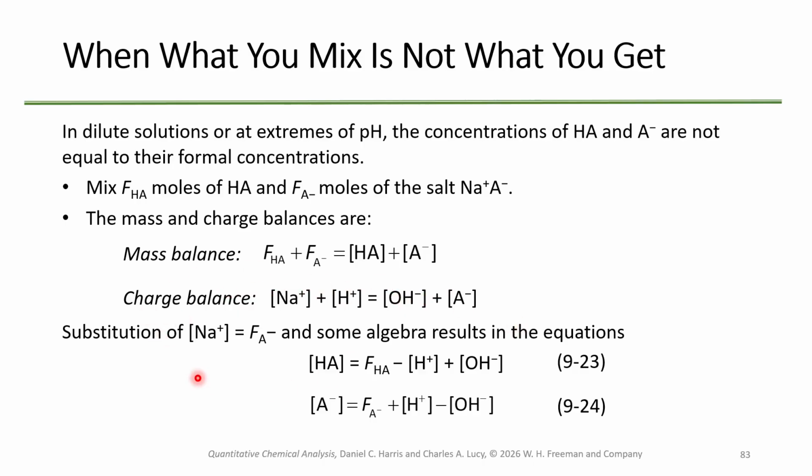Okay. So we can actually substitute this in, and we get this equation right here. So again, Na plus has to equal the A minus concentration, because that's where we got our A minus concentration from here. Okay. And so what we're going to find is that we're going to have the concentration of HA. This equals the formal concentration of the HA minus the H plus the OH minus. Okay. All we did was substitute this into this, right? And then this one right here, this is going to be the concentration of A minus, is the formal concentration plus the H plus minus the OH minus. Okay.